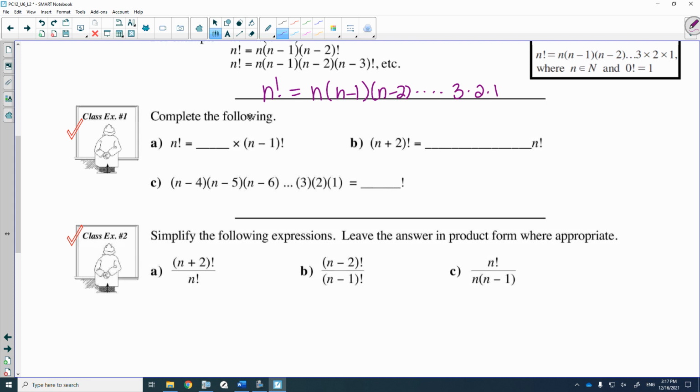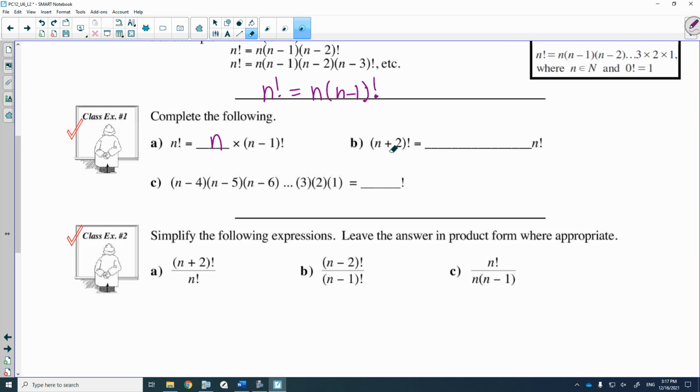What they're doing is breaking it down, but they actually want to stop at n minus 1. So remember, wherever you stop, you must put a factorial sign. If you're not unzipping right down to 1, you've got to put a factorial sign there. So if I unzip n factorial, I'm going to have n and then n minus 1. So we're missing an n here.